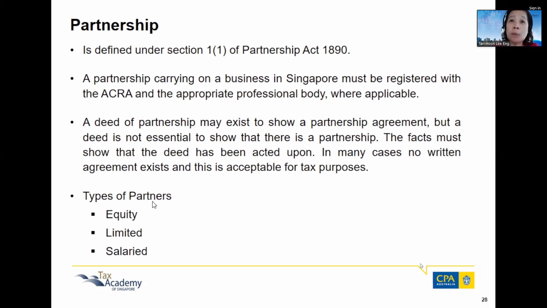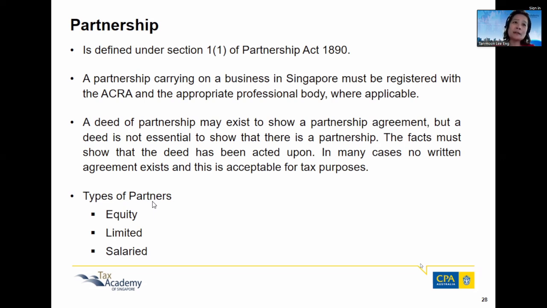And this is a very important concept on the loss restriction that we can allow against the other income of the partner. So this loss restriction, we will have the case study on it. Okay, so later on we will touch on it.